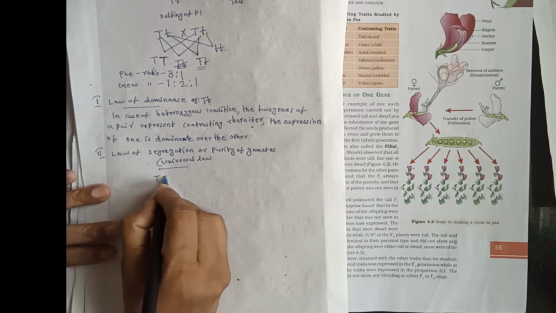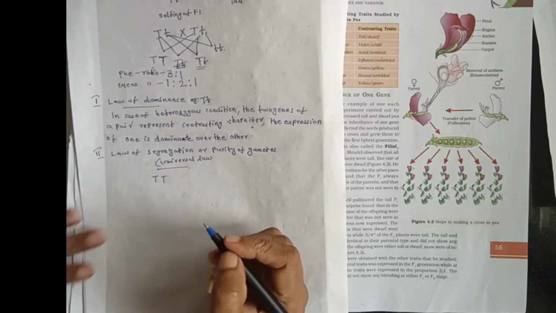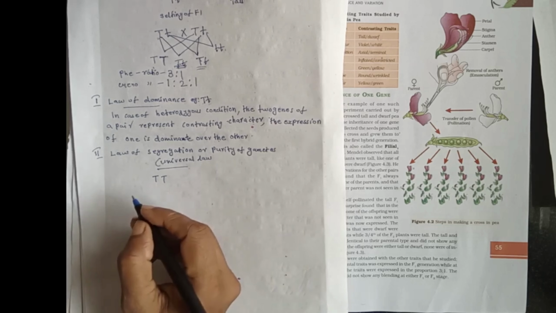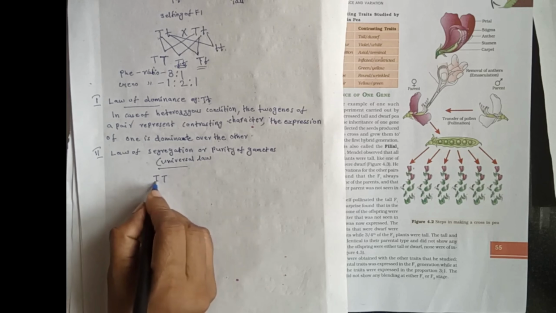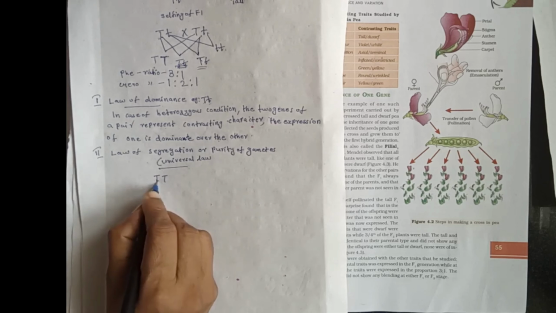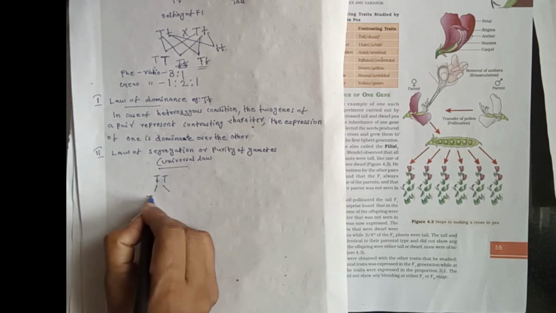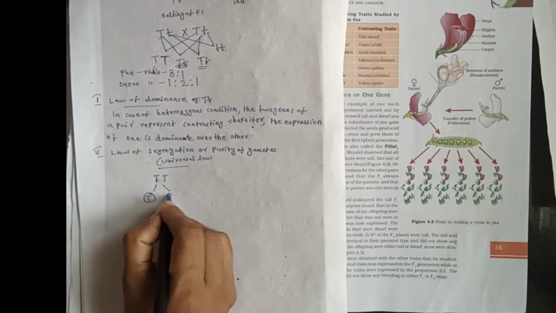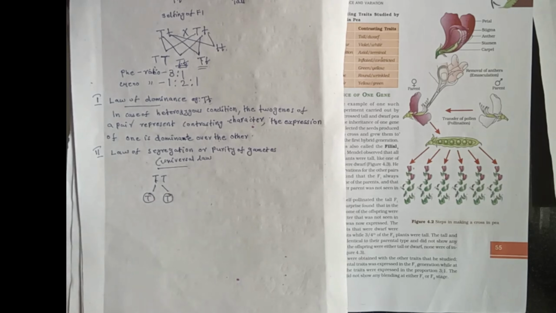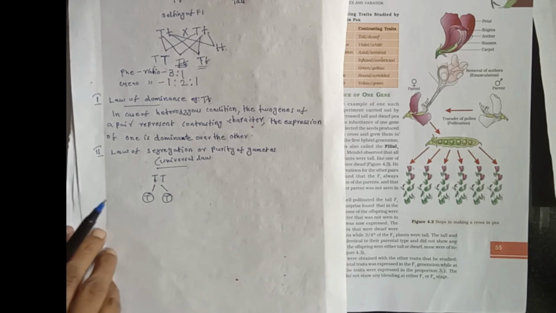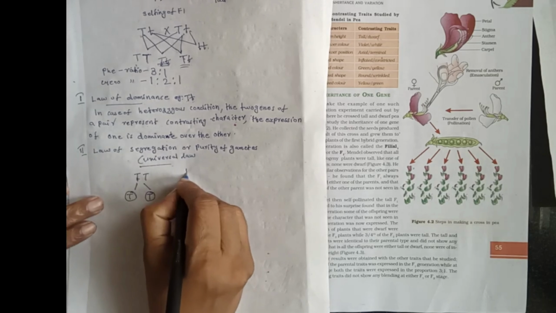If we take this case, during gamete formation in all sexually reproducing organisms, the two factors or genes of an allele pass into different gametes. This is known as the law of segregation or purity of gametes.